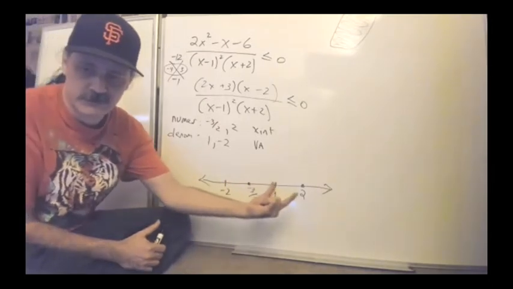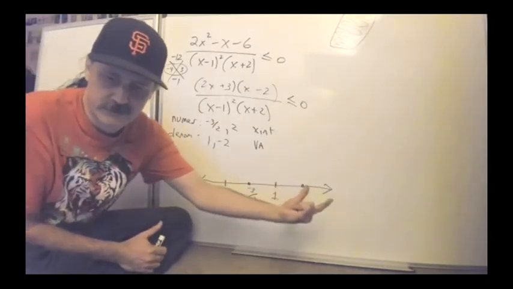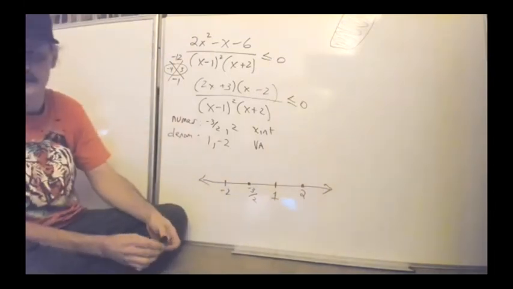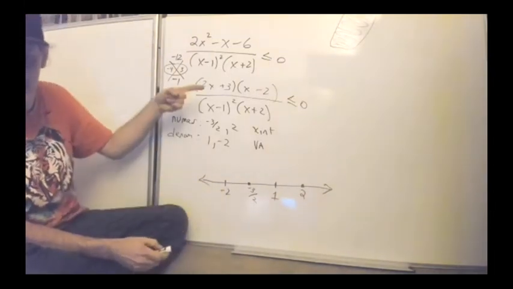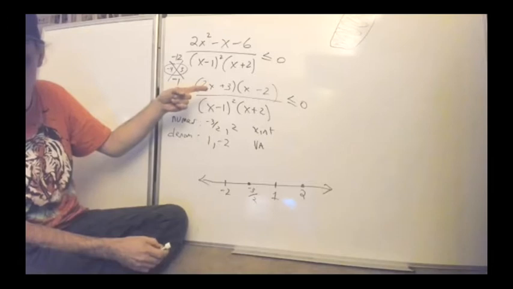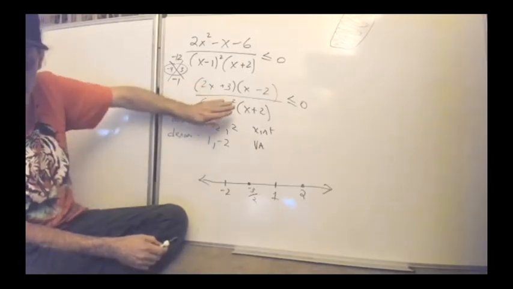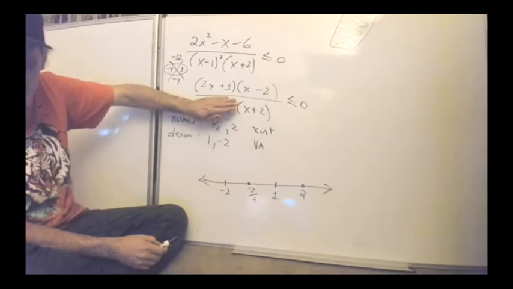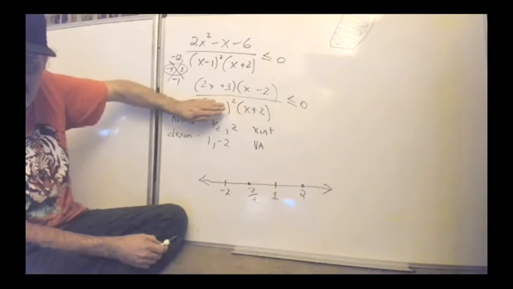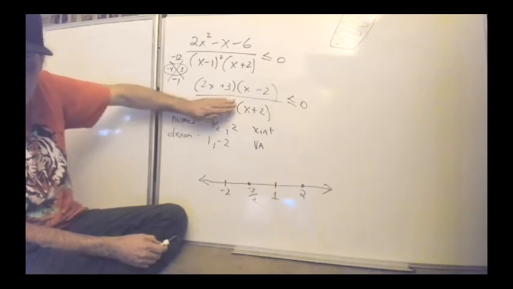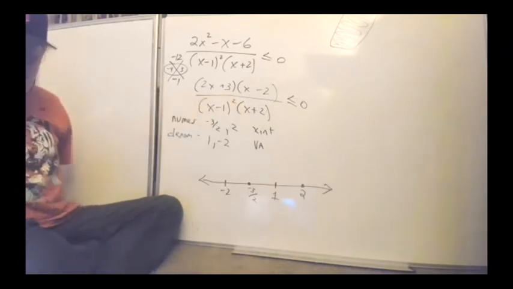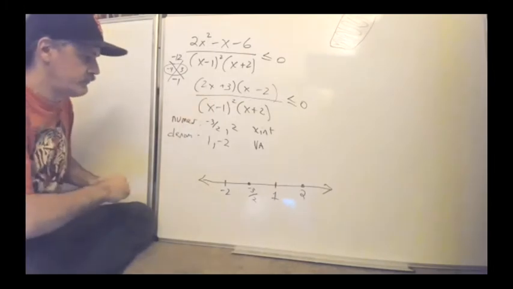Within each of these intervals, the graph is either going to be above or below. And so now we can just use test points. We already have a factored form. On the bottom, we already have something that's always positive. So we've got the 3 other factors that could be positive or negative. This one I'm covering up that has an exponent 2 is always going to be positive. Again, you can pick whatever number you want.